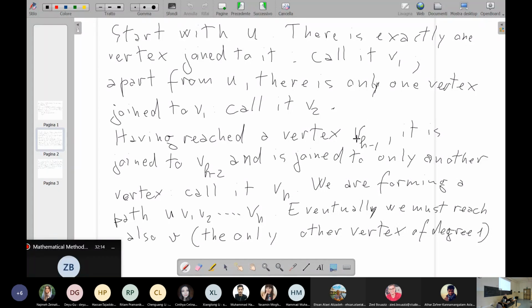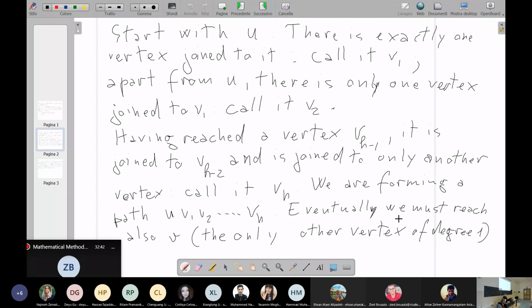Assume that you have gone like this up to vh minus 1 with our building of a path. Then it is joined to vh minus 2, and it has another valency open, and so we have only another vertex joined to it, which we call vh. So we are forming a path. We go on.